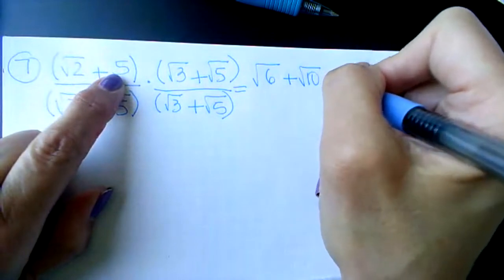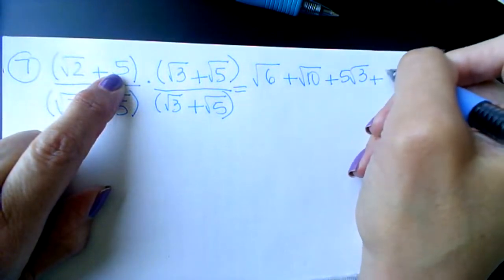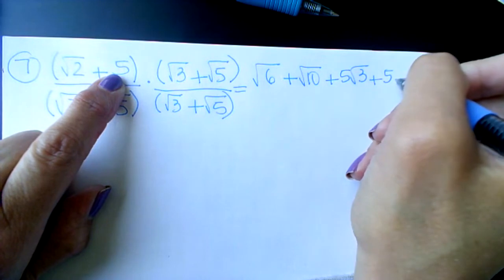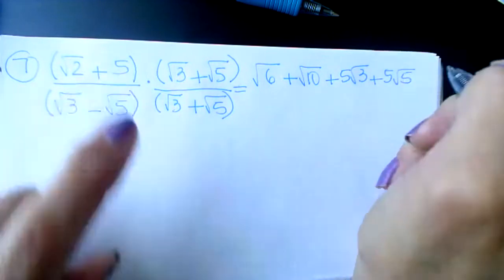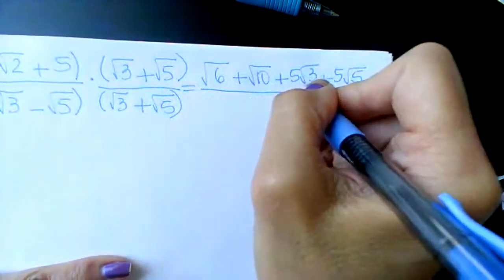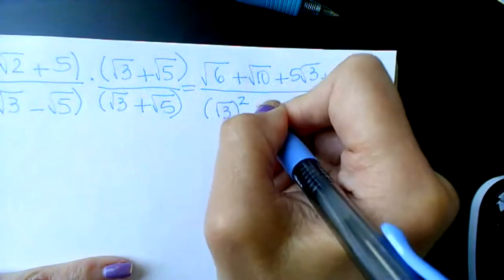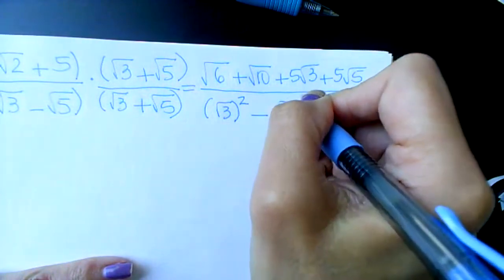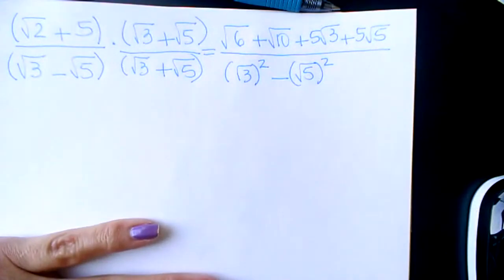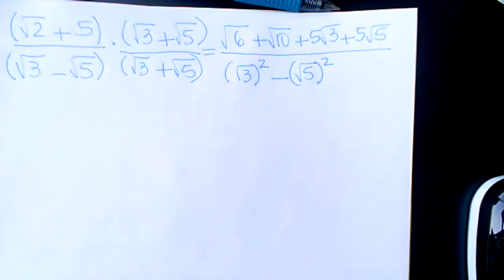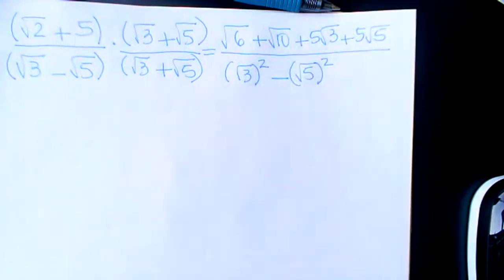Now 5 times square root of 3 plus 5 times square root of 5. Now our bottom is going to be the square root of 3 squared minus the square root of 5 squared. So the top, there's nothing that we could do here. We cannot add those numbers.